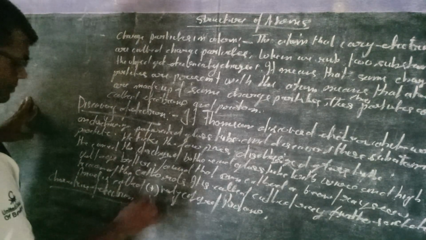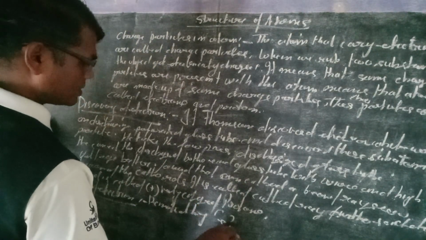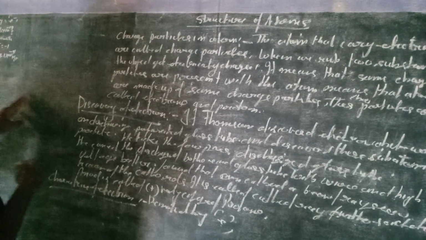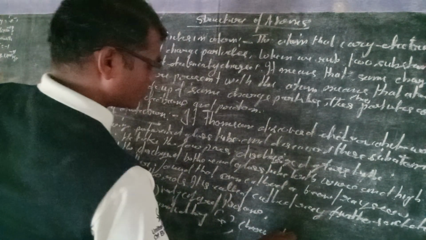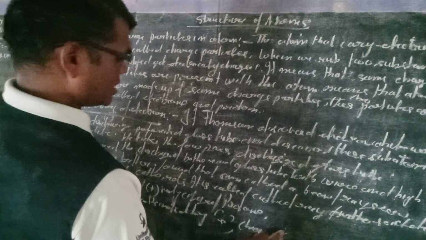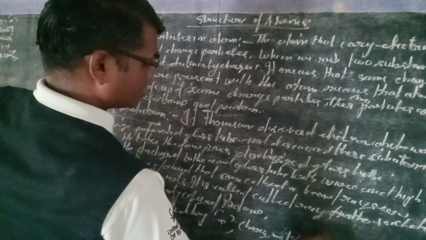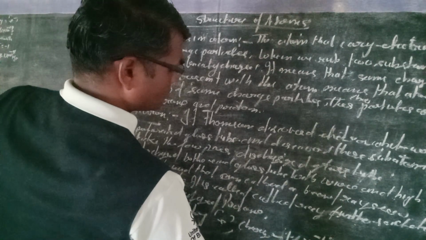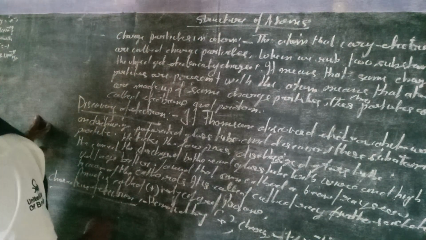So what are the characteristics of electrons? Electrons are denoted by e, and the charge is equal to minus 1.6 times 10 to the power minus 19 coulomb, which is very small.